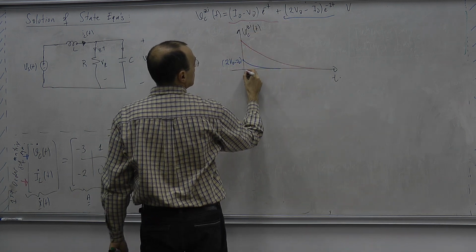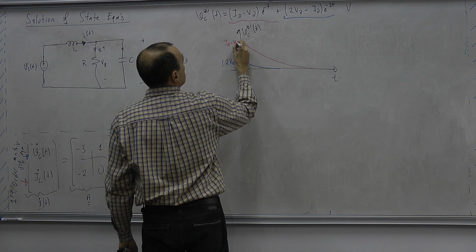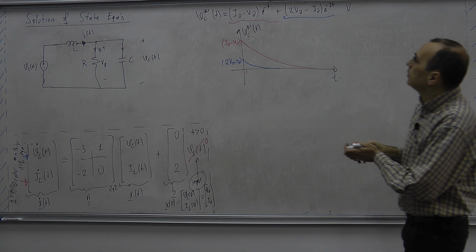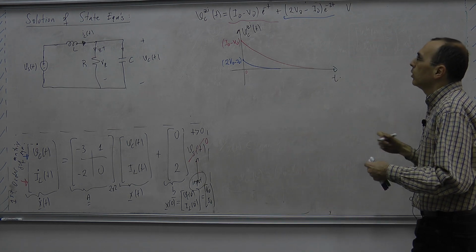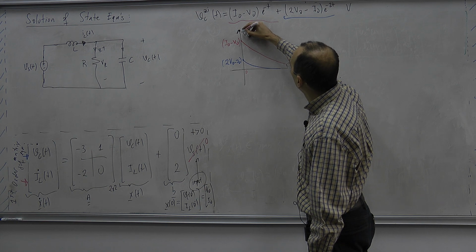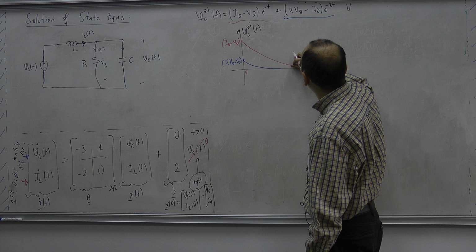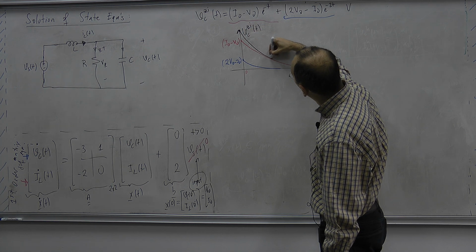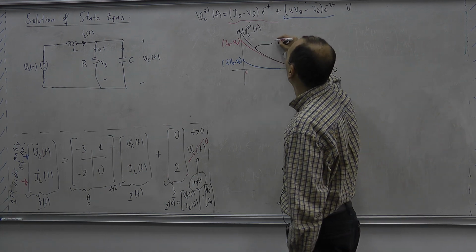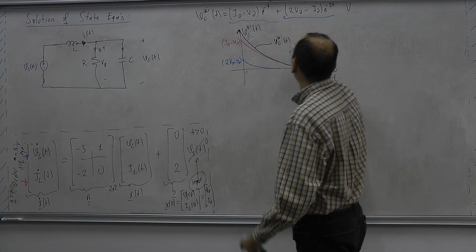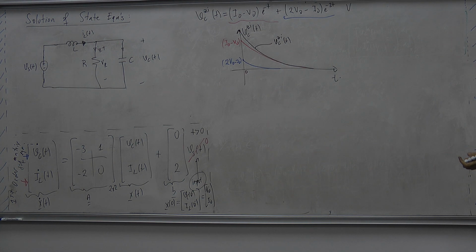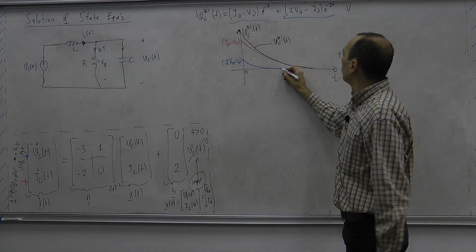So when t is equal to 0 over here, it takes this value, and so on. Of course, I see the sum of them. What do I mean by the sum of them? This is this height above this height. My solution is, this height difference is getting smaller, something like this. Okay. So this is the zero input solution, and so on. Let me also mark this with black. Okay, so this is going like this.